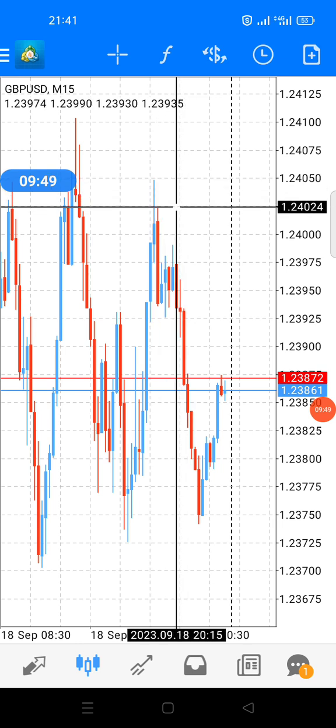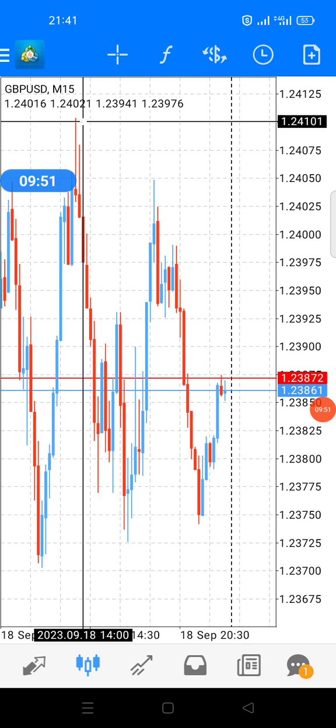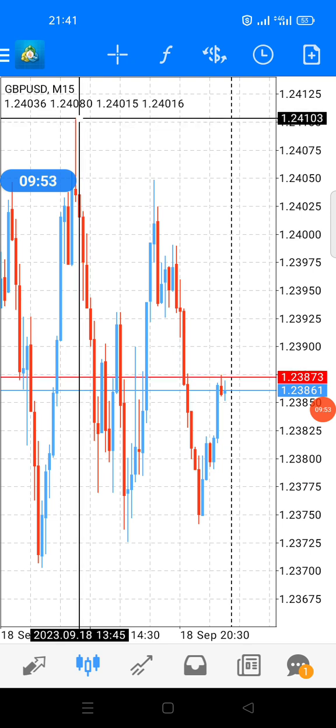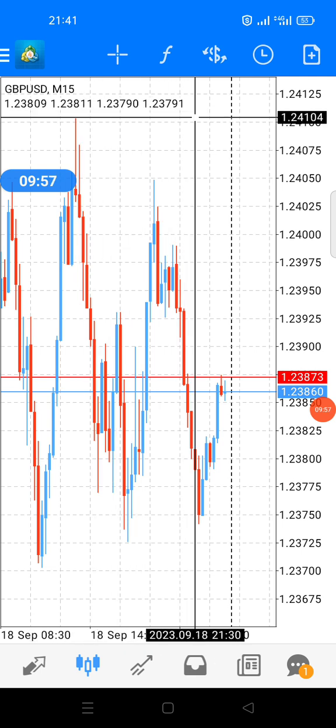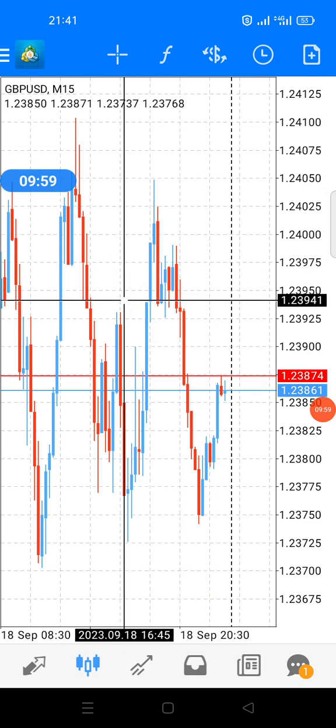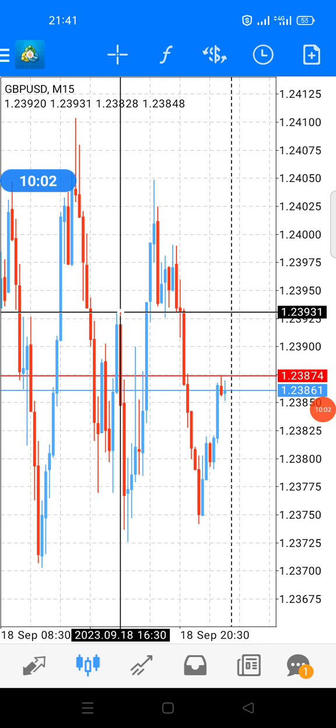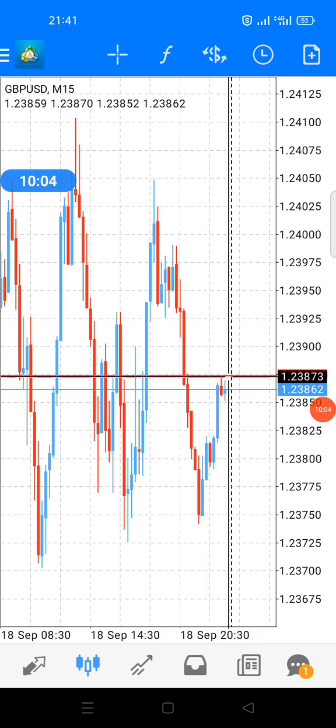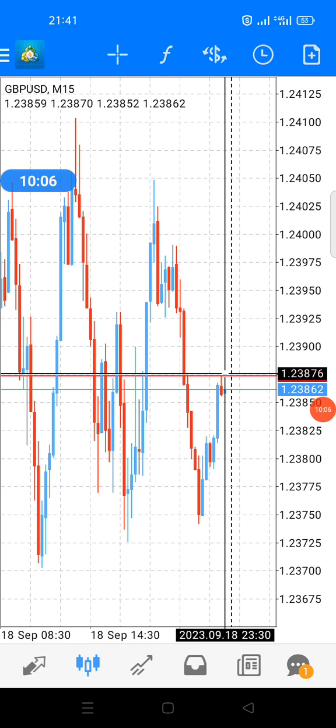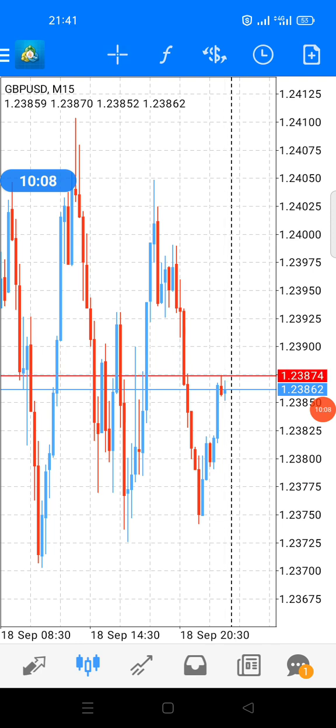If you want to check the upper line, it tells you the price, which is 1.24103. So any spot you want to check the price, if you put it there, you can see the price. And if you want to remove it, you click on the plus again, and it disappears.